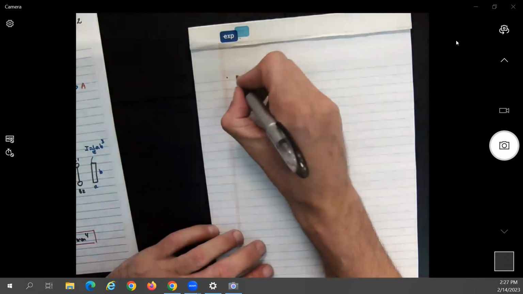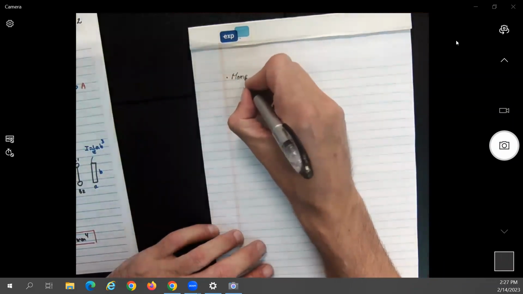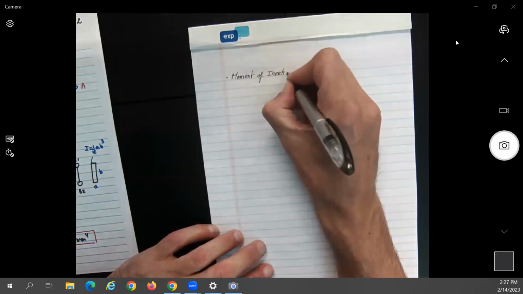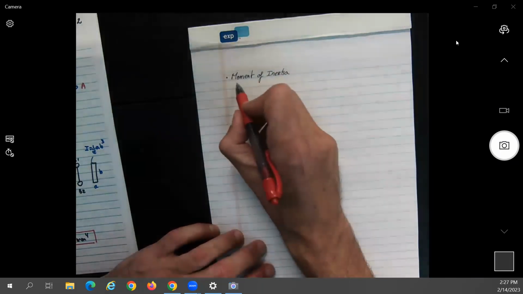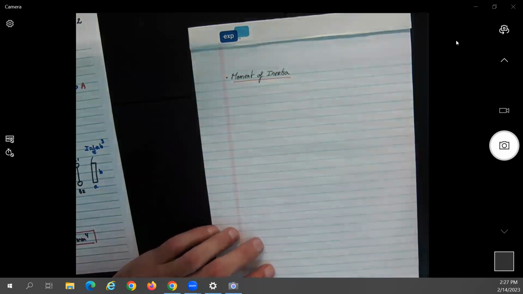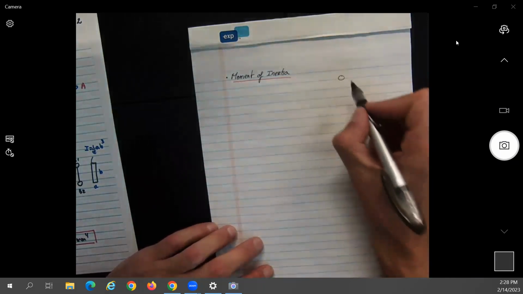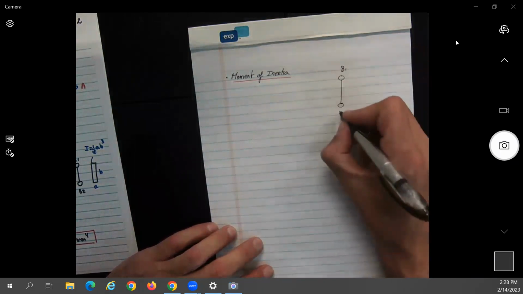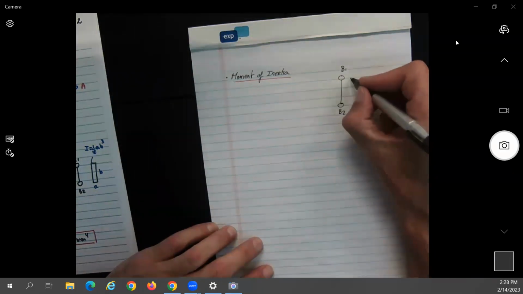Moment of inertia. Let me do the booms over here again. This is B1, this is B2.